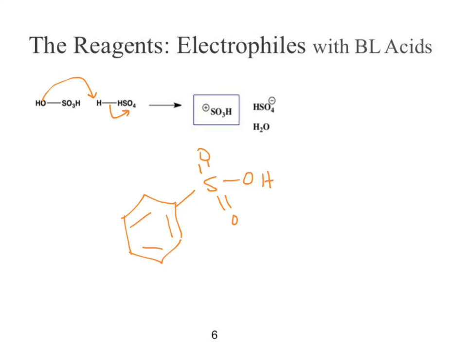So if we go through very similar conditions, instead of it being fuming sulfuric acid, we can use a more dilute. I don't think it's dilute. I think it's just concentrated. Double check me on that one. Concentrated sulfuric acid. We can actually cause the reverse reaction.